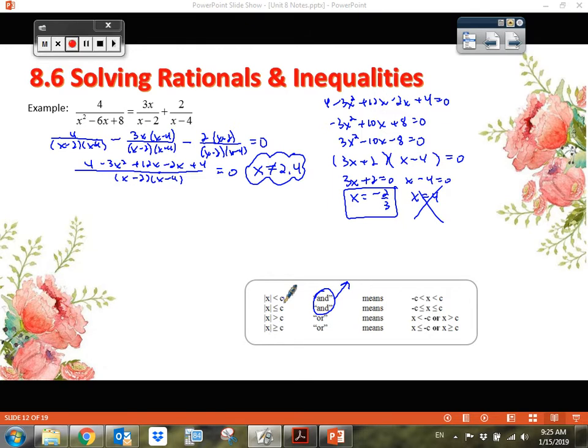If they never meet, there's no solution. So if I have a graph, let's say my solution set looks like this, and it's an and, this would be no solution. They are never in the same place. And the answer to an and is where they cross. These never cross, so that would be no solution.